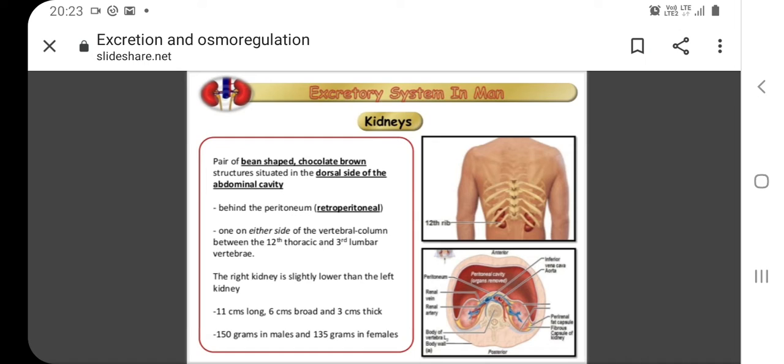It is about 11 centimeters long, 6 centimeters broad, and 3 centimeters thick. It weighs about 150 grams in male and 135 grams in female.